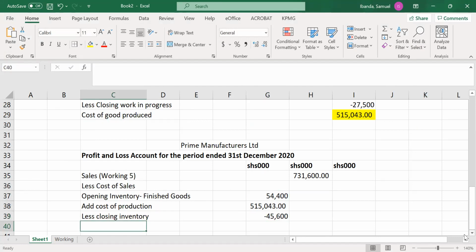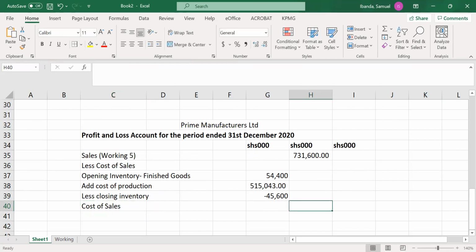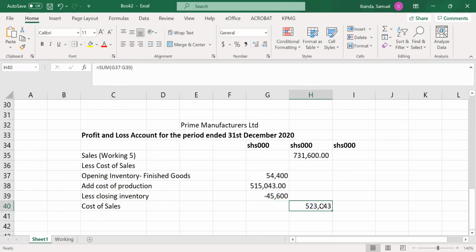So after that, I can get my cost of sales now. So cost of sales from what we can see here is going to be this. I'm just going to sum them up since closing inventory already has a negative. So this is 523,843, and remember, this one also will be a negative.